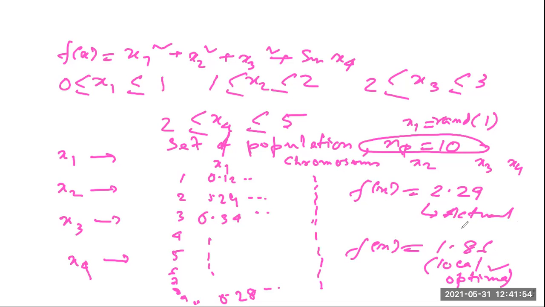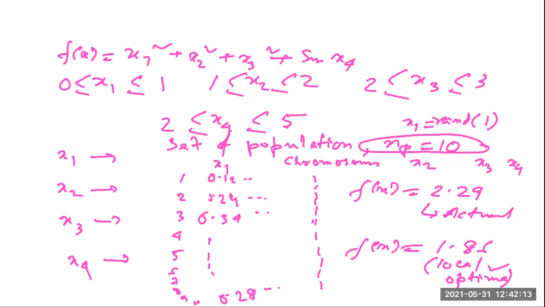So in order to overcome this local optima, the genetic algorithm has some features which employ a multi-directional or multi-dimensional search. That means it will search in multiple directions, and how it does that, we'll come to that point.